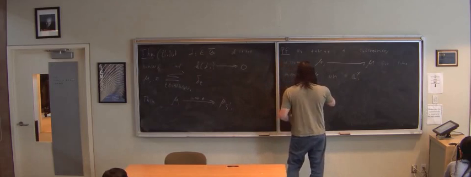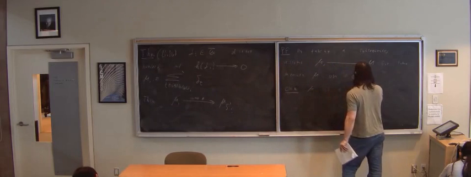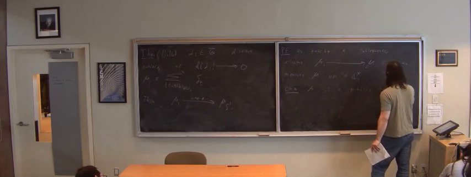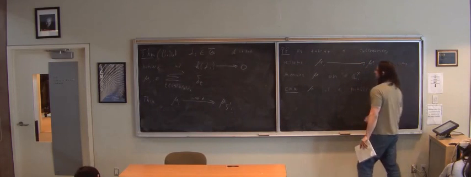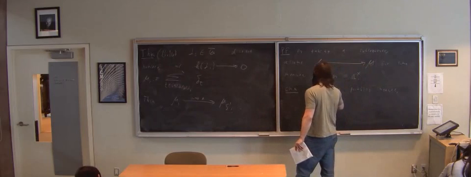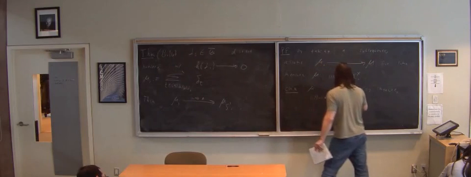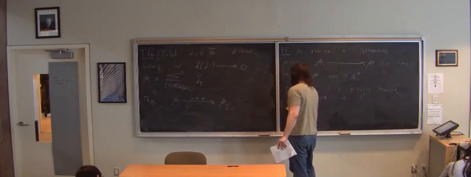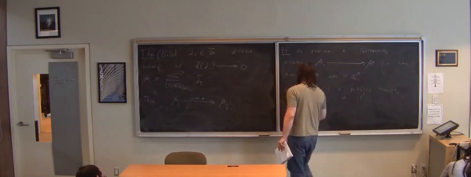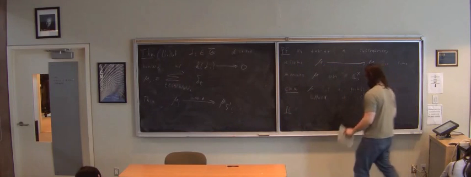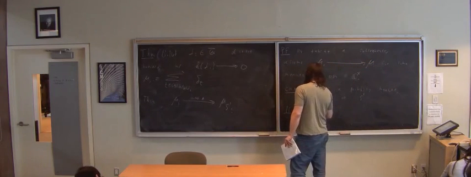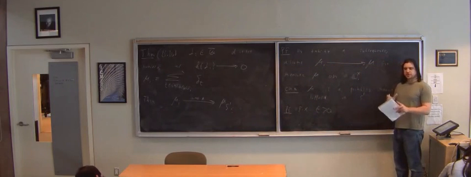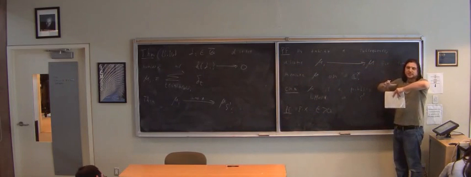So claim: mu is a probability measure supported on S1. Proof. All right, so fix some epsilon bigger than 0, and we're going to show that the measure is supported on the disk of radius 1 plus epsilon, for every epsilon.